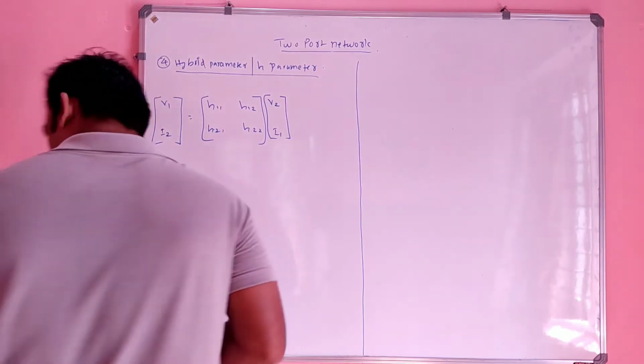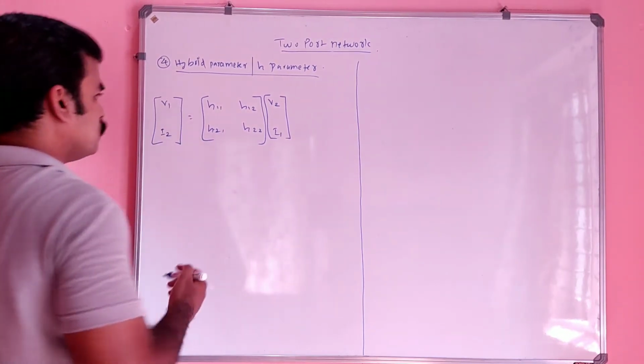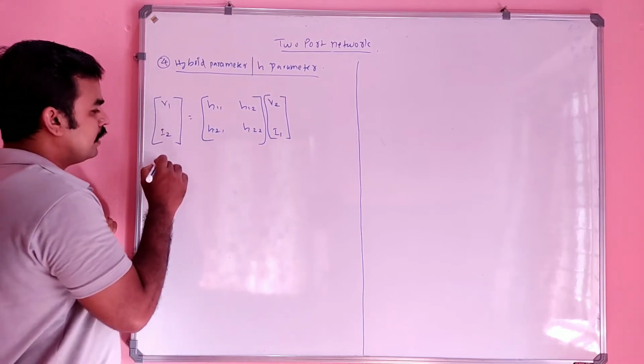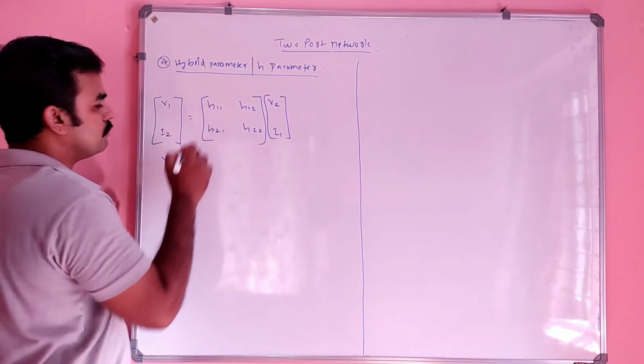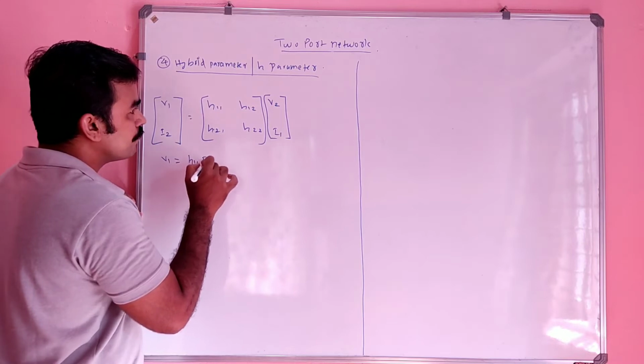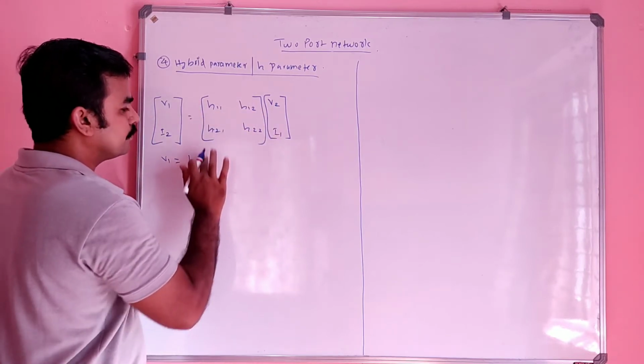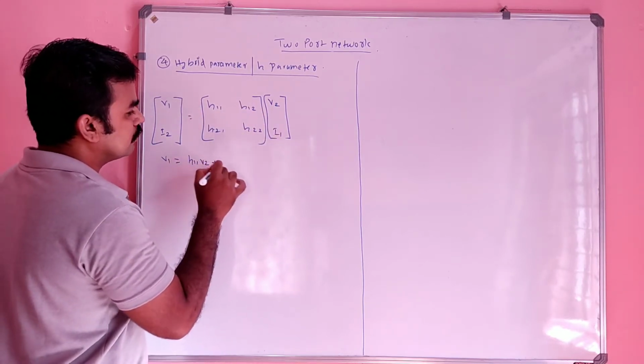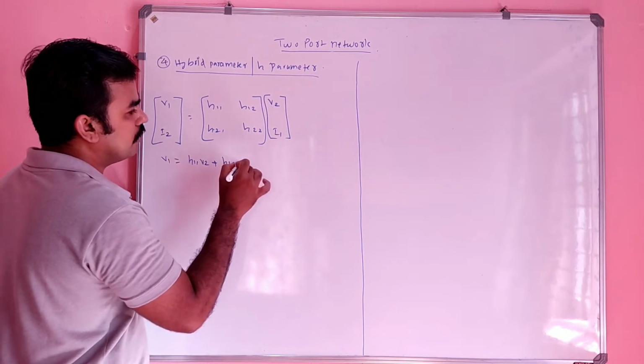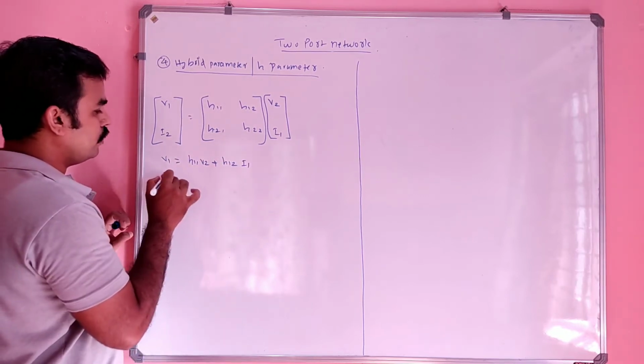Okay, let's see how we can calculate this. Let V1 be equal to H11 V2 plus H12 I1. Carefully you have to write this.